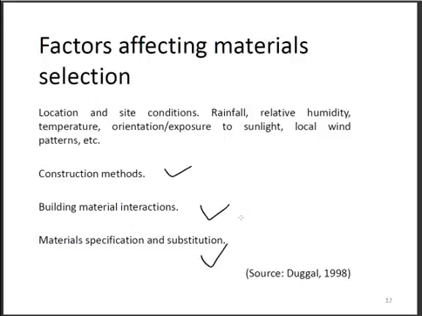The substitution of one material with another in a building can have serious effects. Products which look very similar and are designed for similar purposes may not have identical performance and durability in all situations. That's why we need to be very careful. We need to pay attention to material specification and substitution.